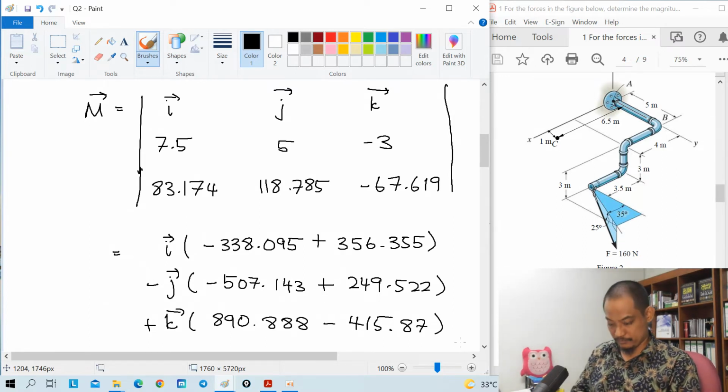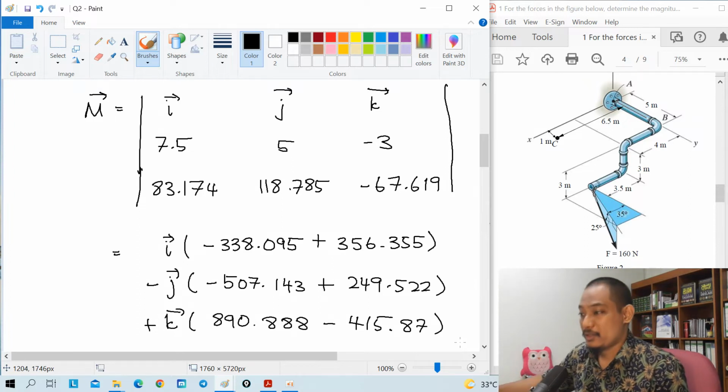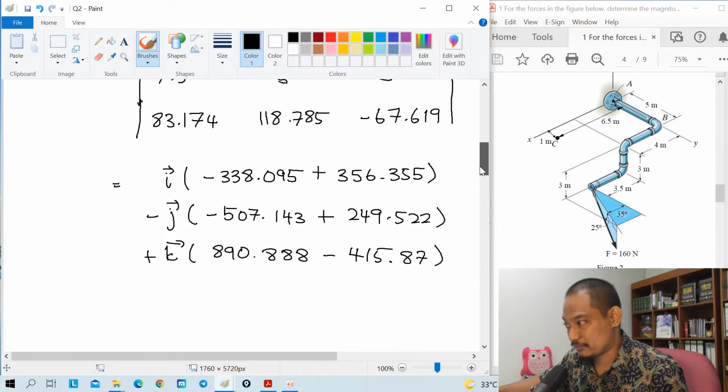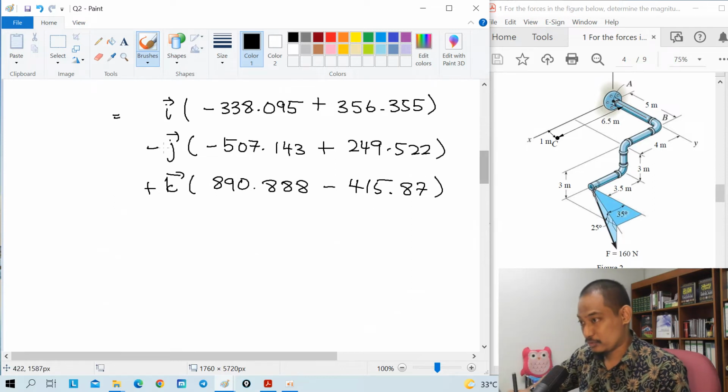Double check, 5 times 83.174, 415.87. Okay, so what's left for this part is just to add.